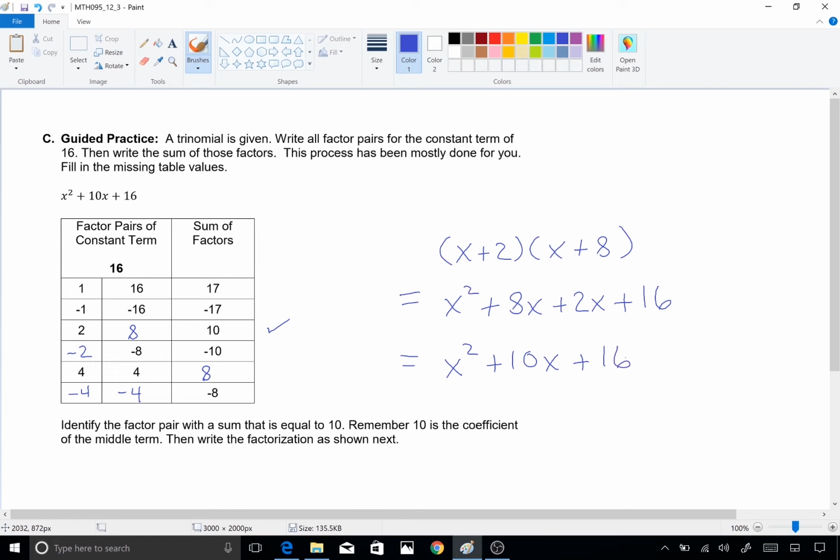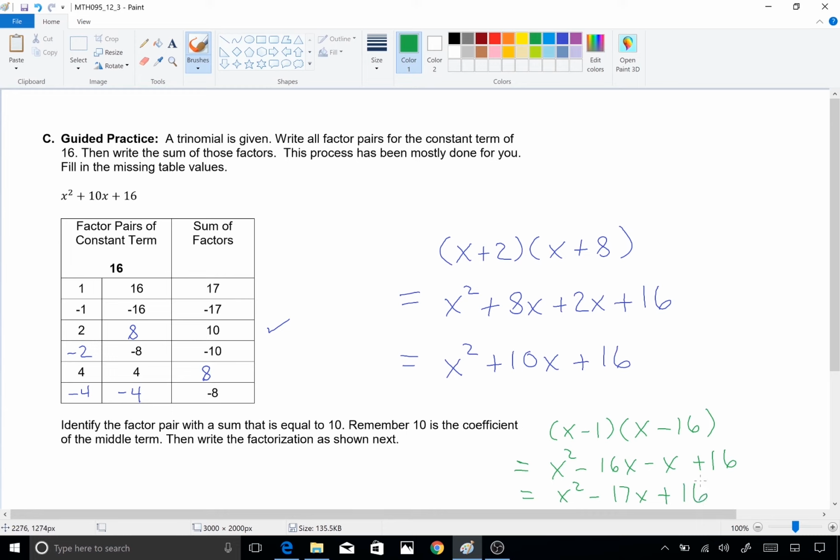That's what we're doing with this table. We're finding the factors that we can put through the FOIL process to get the trinomial. If we took negative 1 and negative 16, for example, that would be x minus 1 times x minus 16, which is x squared minus 16x minus x plus 16, x squared minus 17x plus 16.